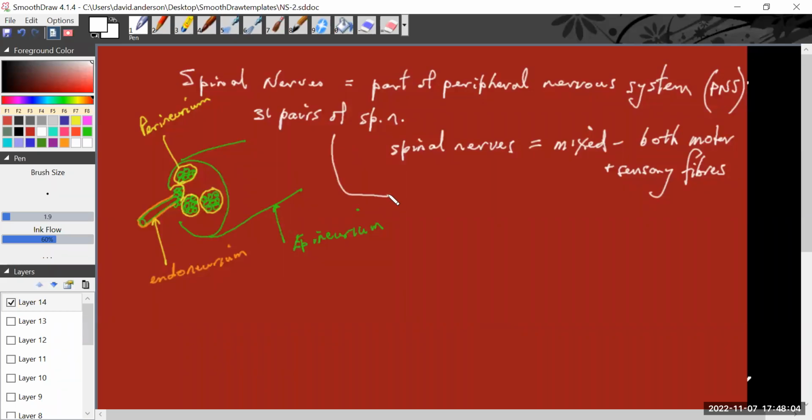So that looks like this. 8 cervical, 12 thoracic, 5 lumbar, 5 sacral, 1 at the coccyx.